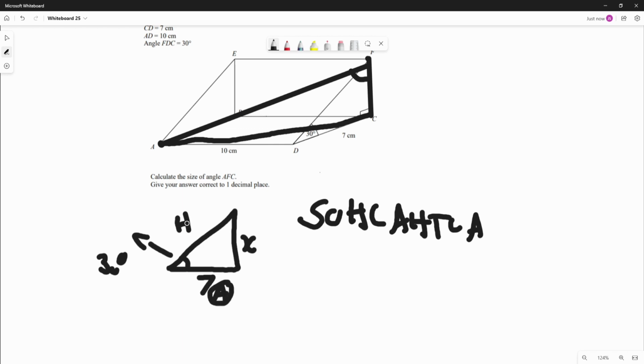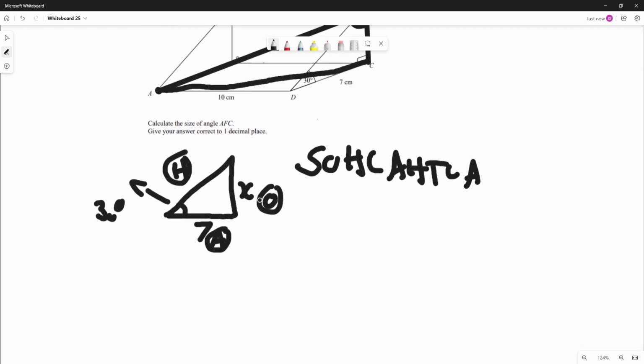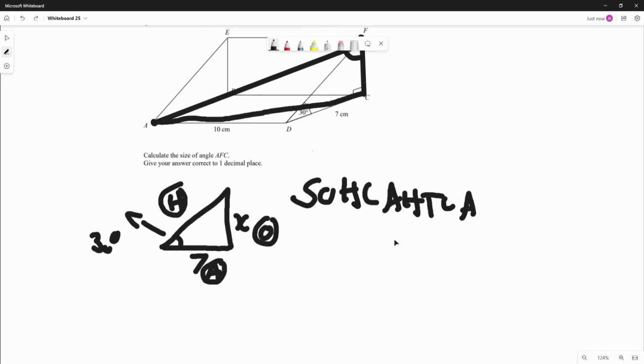This is our hypotenuse. This is our opposite, because it's opposite the angle. What are we trying to work out? We're trying to work out what x is, so we're going to have to do something with the opposite. So either this or this. Are we given a hypotenuse? No, we're not, so we're not going to be able to do that or that.